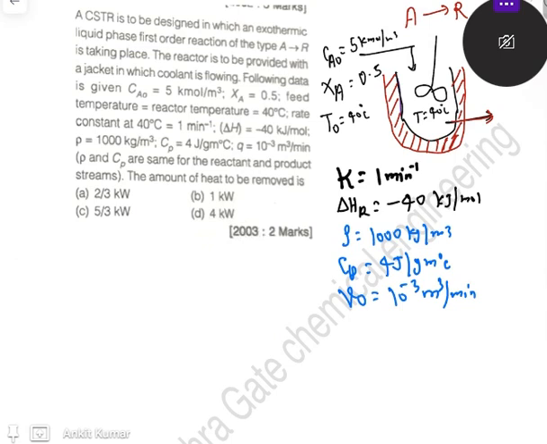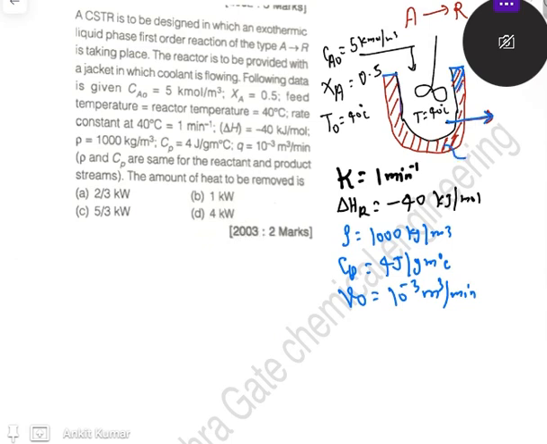You are supposed to calculate the amount of heat to be removed. Since this exothermic reaction is happening in the reactor and the reactor temperature is equal to the inlet temperature, you want to maintain the adiabatic condition.